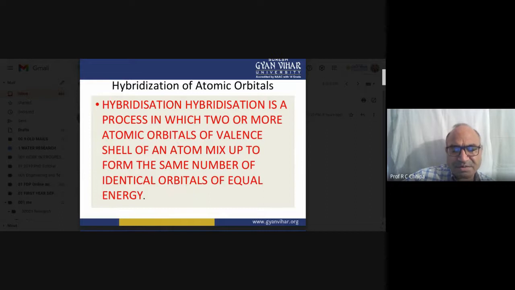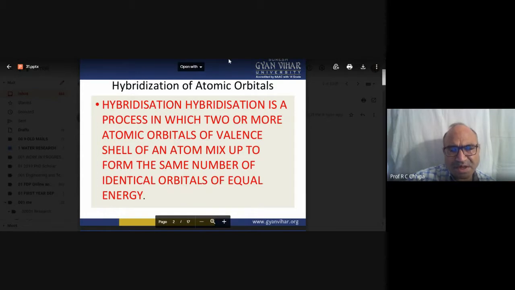So here the modification, suppose we look at the shape of the 1s atomic orbital, that is spherical, and the shape of p atomic orbitals is in the form of a dumbbell. So we can say the 1s or 2s atomic orbital is spherical. In the case of carbon, the second shell 2s atomic orbital has two electrons, 2px has one electron and 2py has one electron, whereas there is also the 2pz atomic orbital, which has no electron.